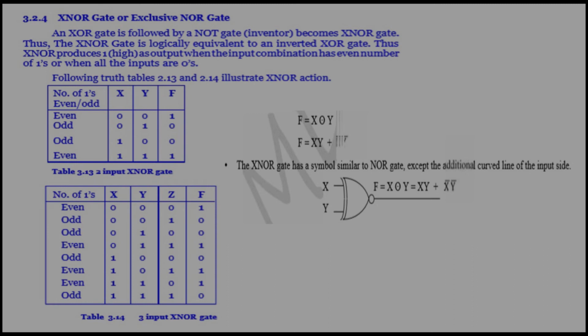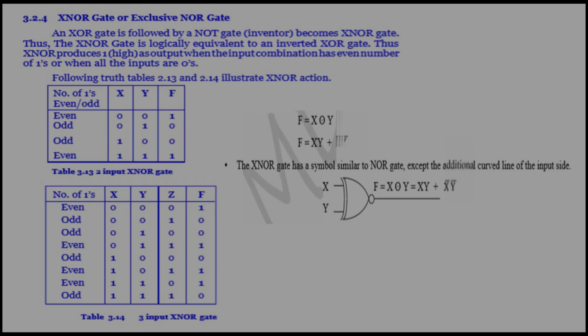Next is XNOR, that is called the exclusive NOR gate. And here, in XNOR there are many inputs, but we will get only one output, as common in Boolean algebra. And the XNOR gate symbol is, you can see, the exclusive OR along with one bubble in the front, okay, at the end, that we will call exclusive NOR.